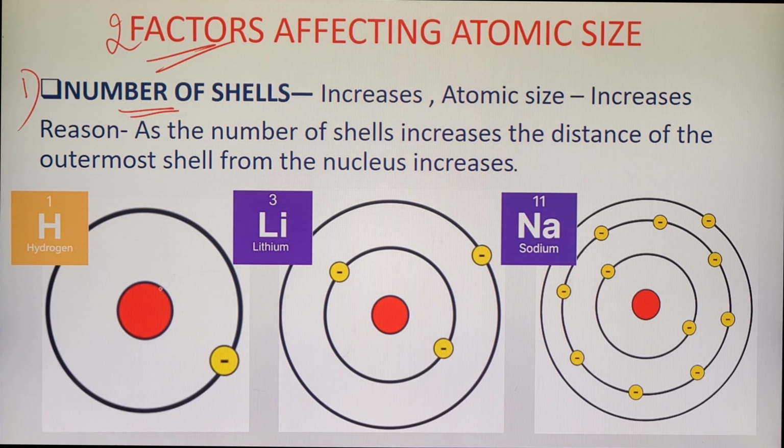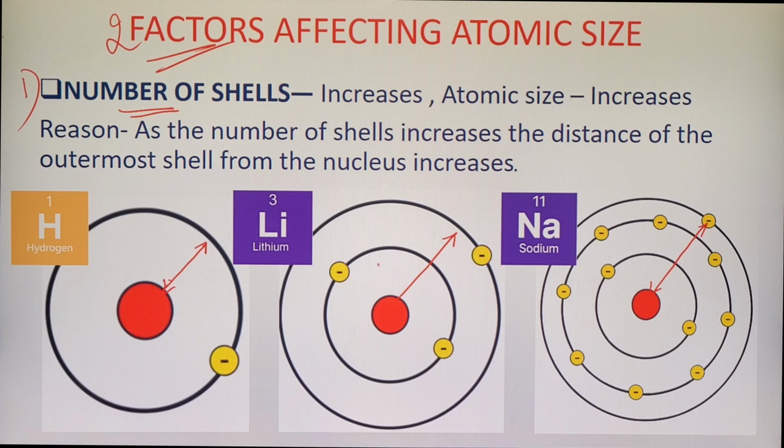Okay, now we know what is atomic size. Atomic size is the distance from the center of the nucleus to the outermost shell. So as you can see in this diagram, as the number of shells keeps on increasing, what is happening to the distance between the nucleus and the outermost shell, children?